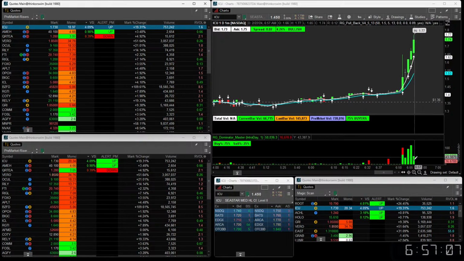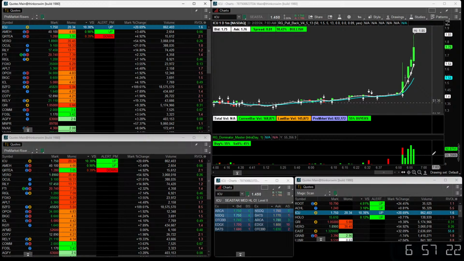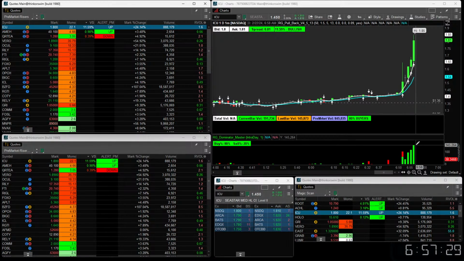I'm watching the bars down here. That's what I'm watching. Very few sellers. They are building positions, it appears. Taller bars, volume increasing.